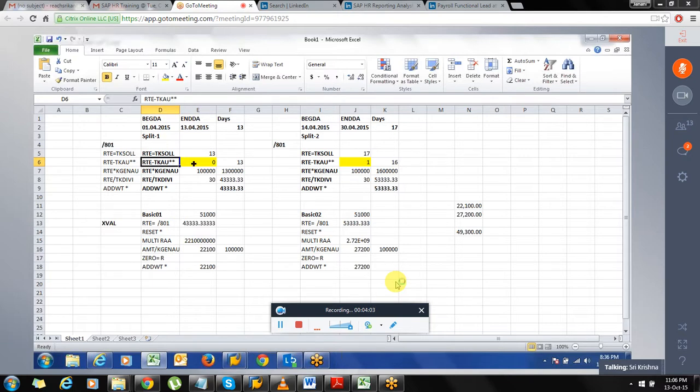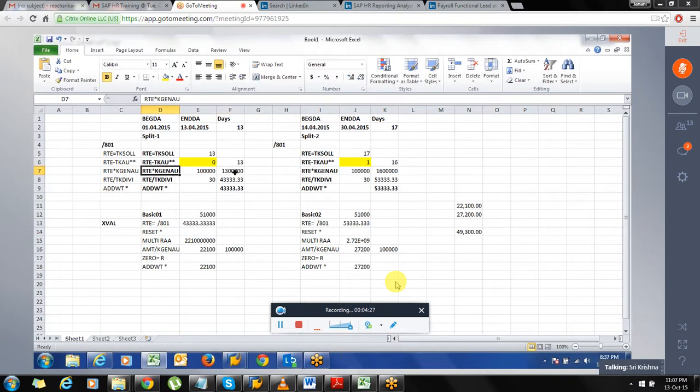It will check, and there is no unpaid absence as of now. This is the 1 lakh constant from the 511K table. I have put it here. And this KDA will take the complete month days, 30.